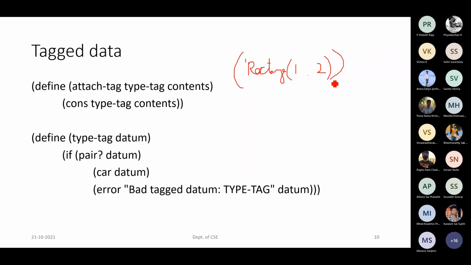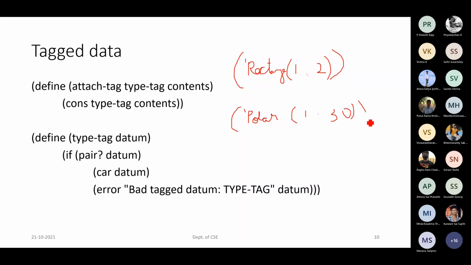So to this content, 1, 2, you can make use of cons of rectangle, that is, cons of rectangle to this content 1, 2. If it is a polar form, then you can add polar to this. That means you are giving a name saying what representation it is. If it is in the polar form, say 1 and, since we have used the constructor, say 30.